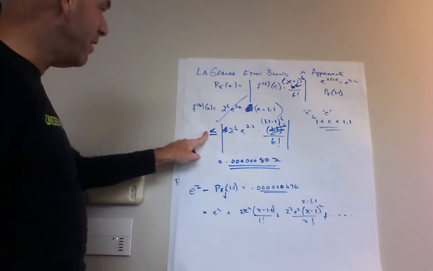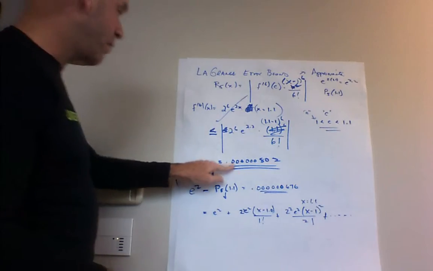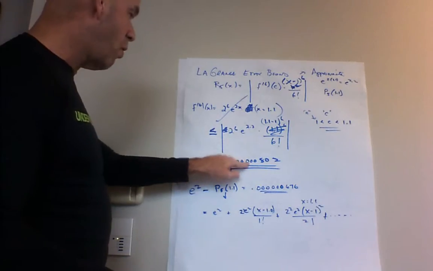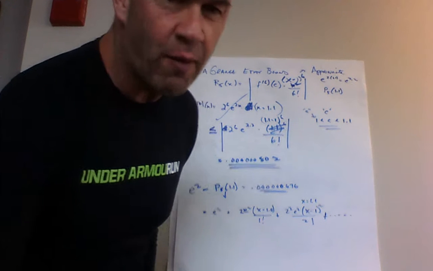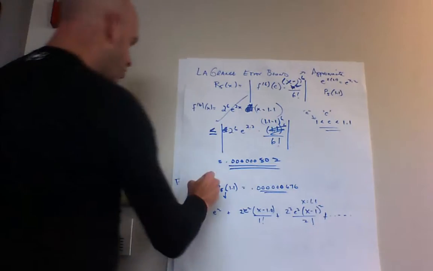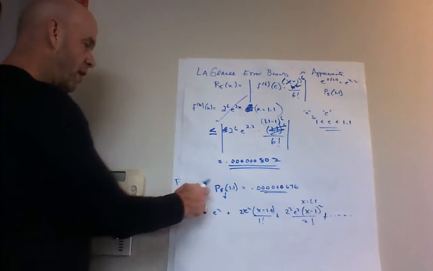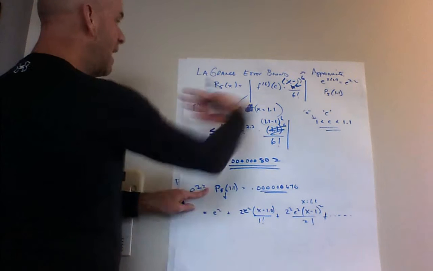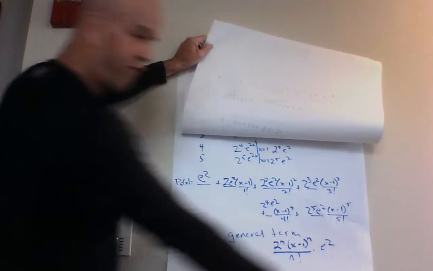When you calculate this error bound, you get this very small number, 0.000000802. I'm doing that for a purpose. All right. So I have a calculator. So e to the 2.2 minus what I calculate using, you see this thing here? I'm just using the first 5 terms.